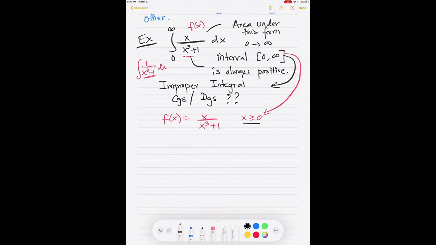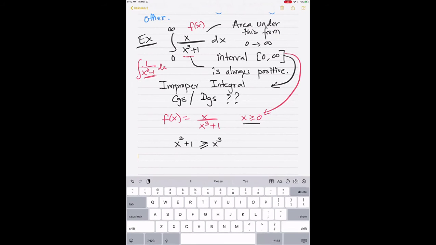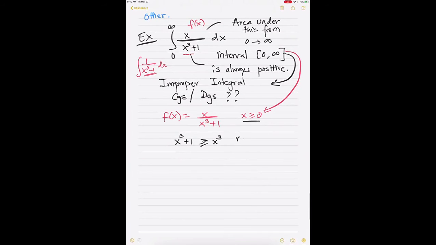So because x is greater than or equal to 0, I know x cubed plus 1 will always be greater than or equal to x cubed. Agreed? So I'm going to take the reciprocal. So 1 over x cubed plus 1 is less than or equal to 1 over x cubed.